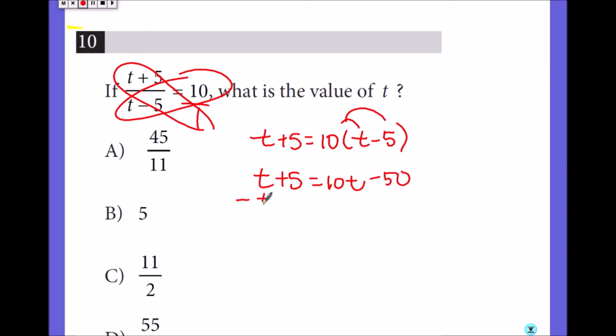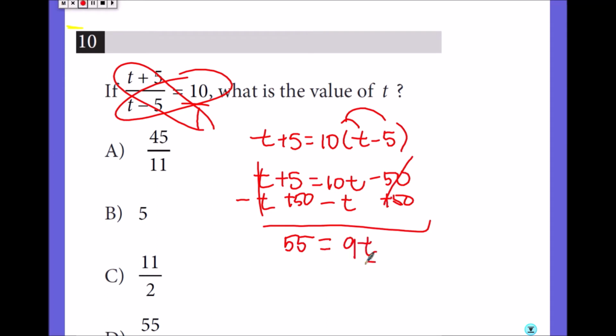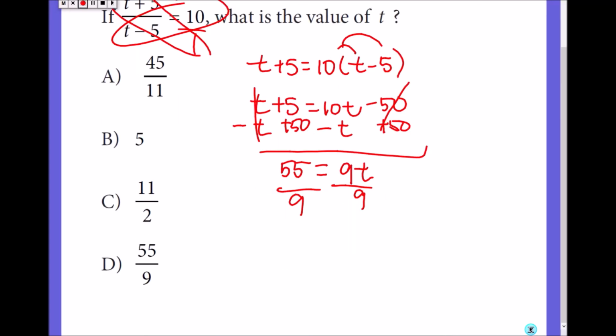So minus t, add 50, add 50, 55 equals 9t. Divide by 9, divide by 9. Is it D? Yes, it has to be 55 over 9.